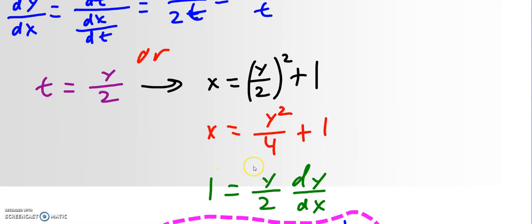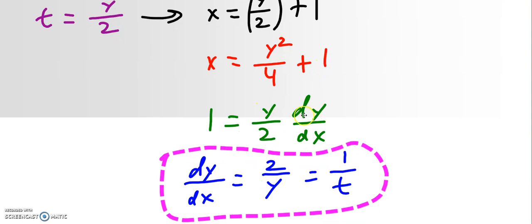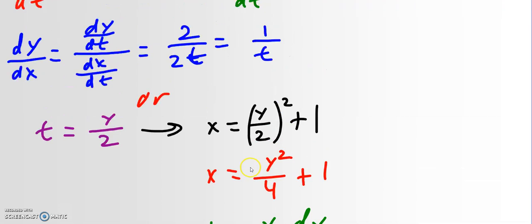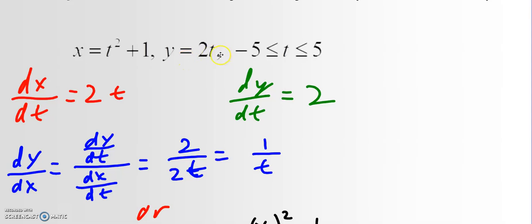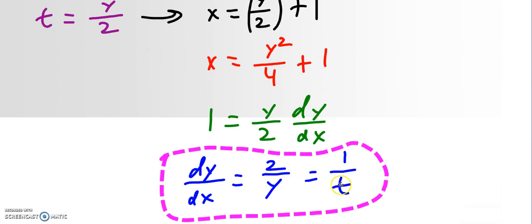Take the derivative of both sides of that equation with respect to x now, because now I have an equation of y and x, so the derivative of x with respect to x is 1. The derivative of y squared over 4 with respect to x is y over 2 dy/dx, and the derivative of 1 with respect to x is 0. Now isolate the dy/dx, and I get dy/dx equals 2 over y. But I know y was 2t. So in terms of t, dy/dx is 1 over t.